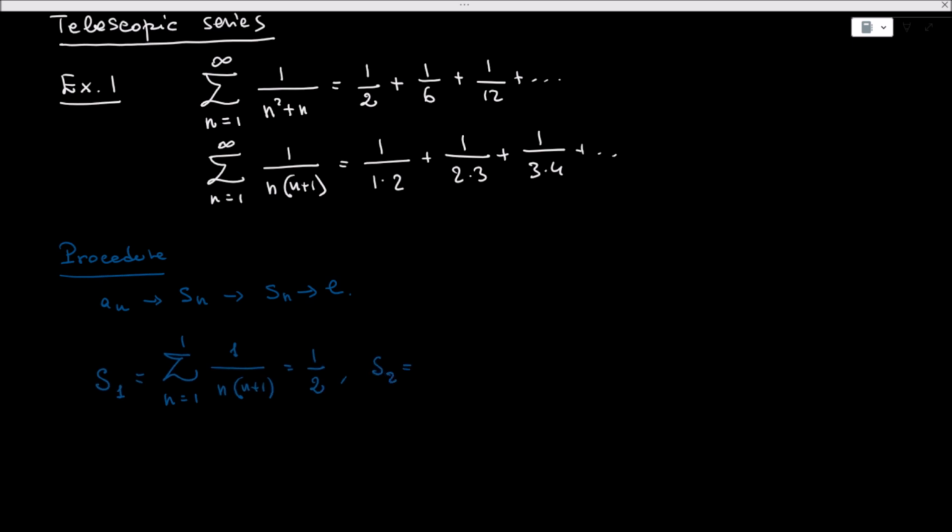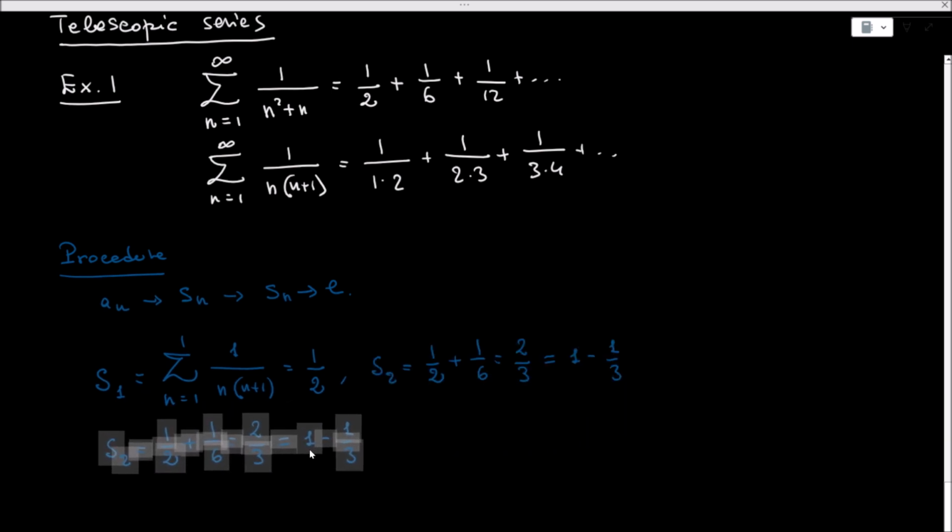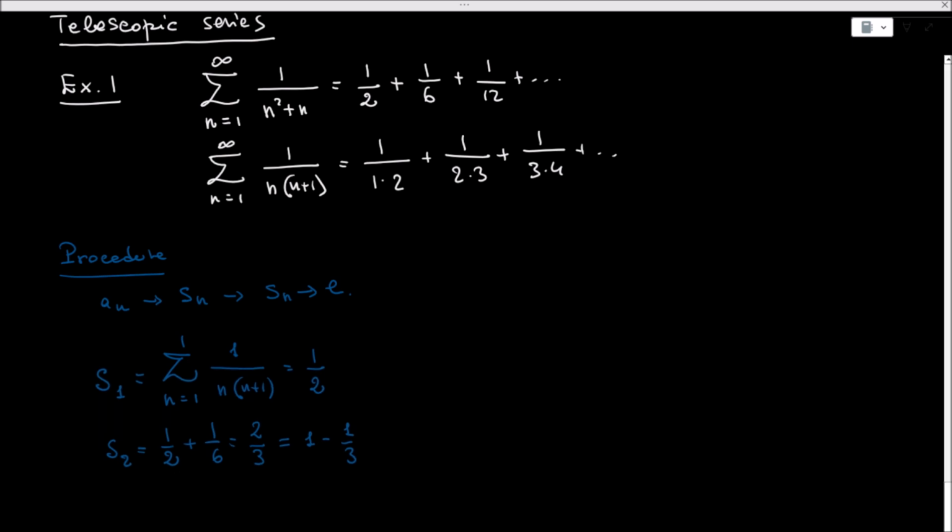Well, for S2, we have 1/2 plus 1/6. And this is 2/3. And notice that 2/3 can also be written as 1 minus 1/3. Okay? So I will put this result here, because also 1/2 could have been considered as 1 minus 1/2.